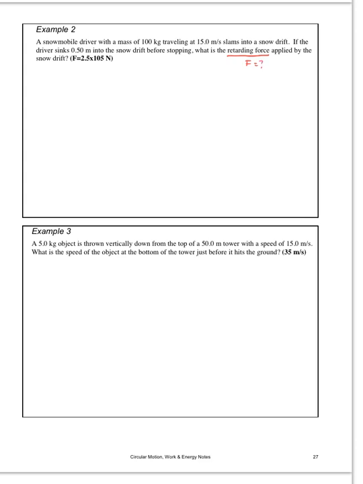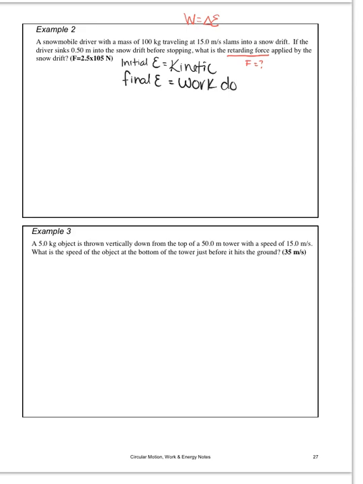Now, you need to remember that work is equal to the change in energy. So our initial energy is all kinetic. They're moving at a speed. They do not have height. So it's kinetic energy. The final energy, all of their energy is converted into work.